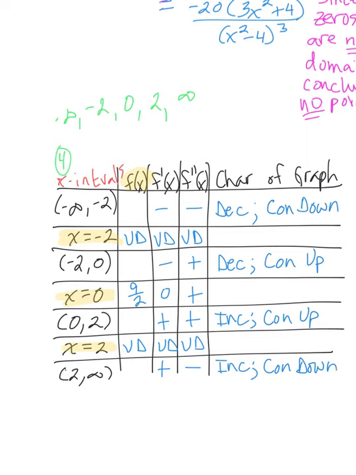Okay, so then we have to make determinations as to what these are. Well, the two undefined we've already determined are our vertical asymptotes, and then we just have one left.